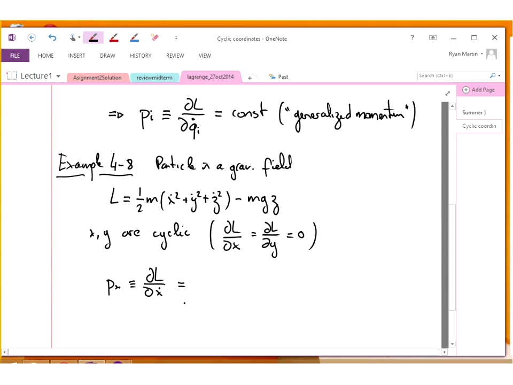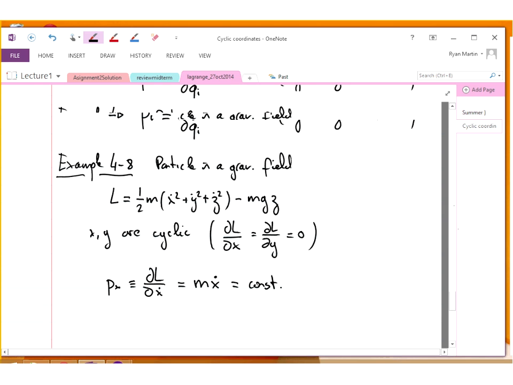Let's take that derivative. With x dot, there's a half m x dot squared. So ∂L/∂x dot is mx dot, and that's got to be equal to a constant. Of course, that looks awfully familiar.